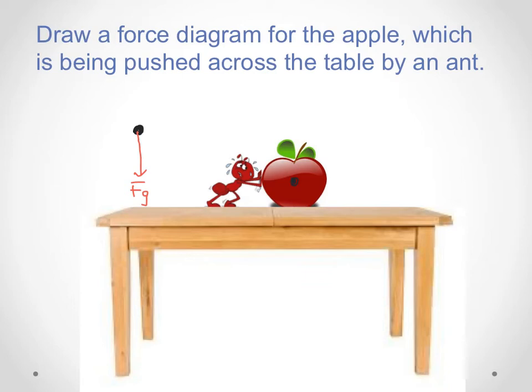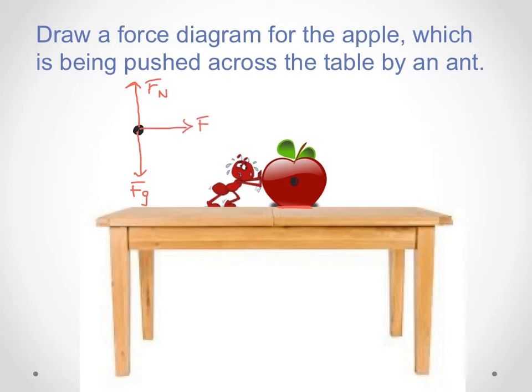All right, now, another force, what I want to think about, does the normal force exist? It doesn't always. So think, is this apple resting on a stable surface? It's resting on the table, which is a stable surface, so I know that the table is pushing back up with the normal force, so F sub n. Okay, so now the ant is pushing it across. We're just going to call that an applied force.